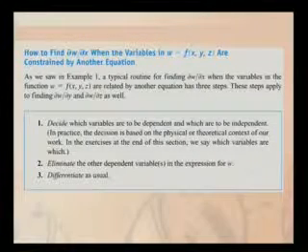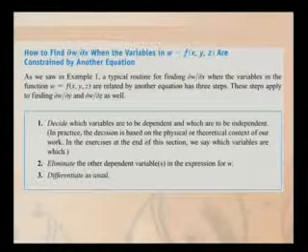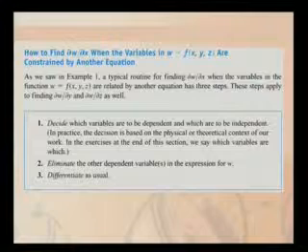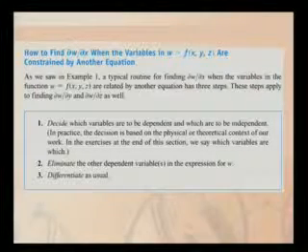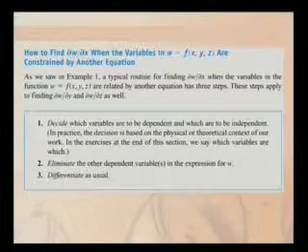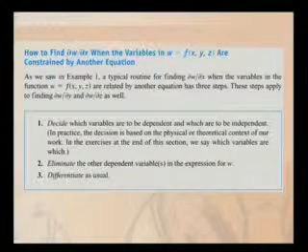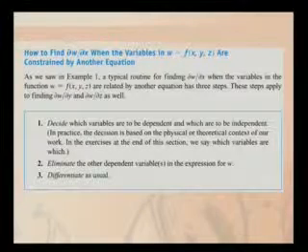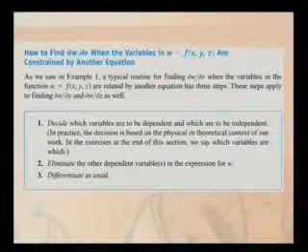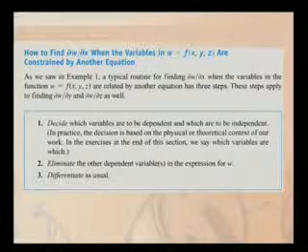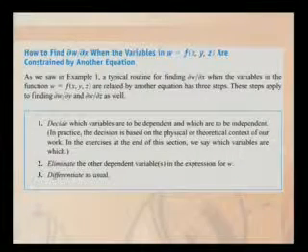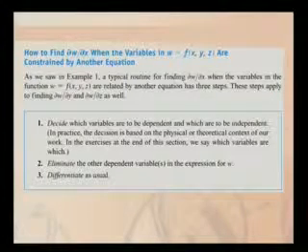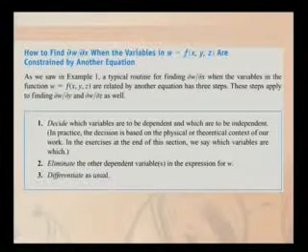As we saw in example number 1, a typical routine for finding del w by del x when the variables in the function w equal to f of x, y, z are related by another equation has 3 steps. We will follow these 3 steps, and we will show how to find del w by del x; the same methods work for del w by del y and del w by del z.